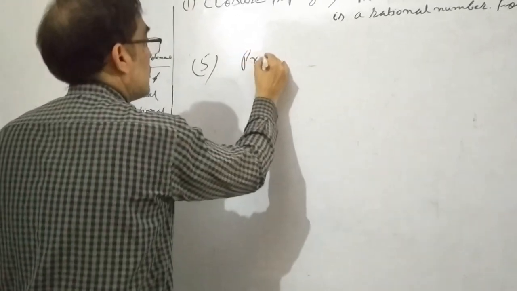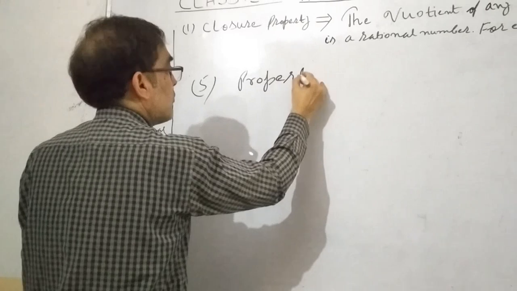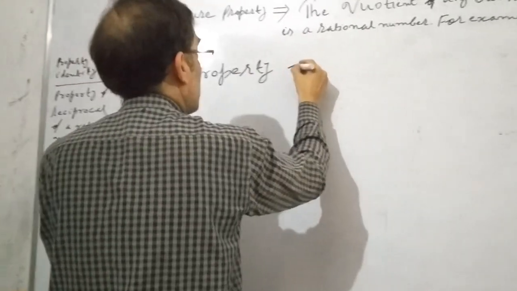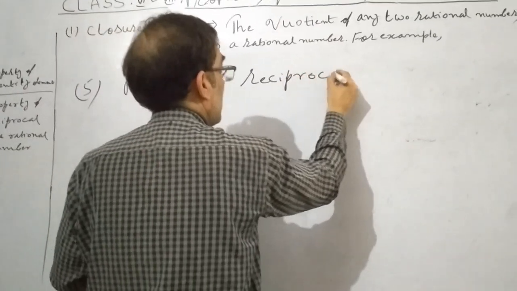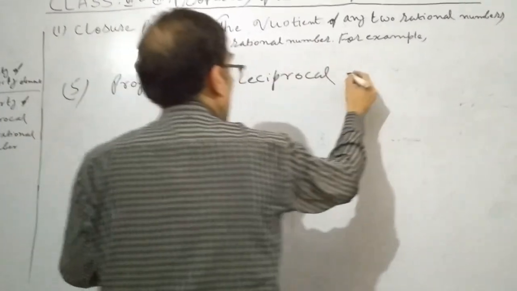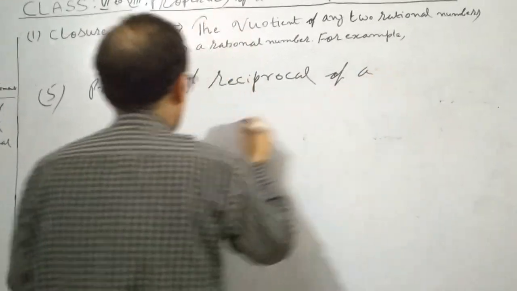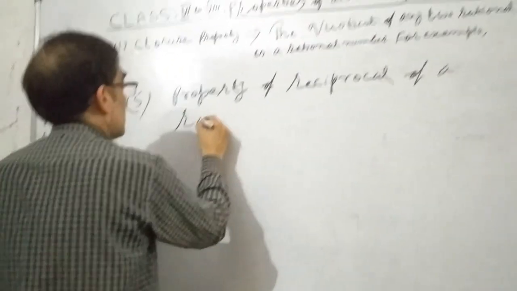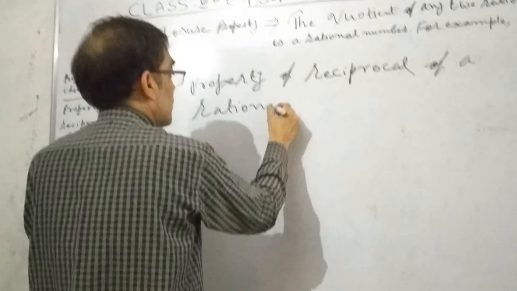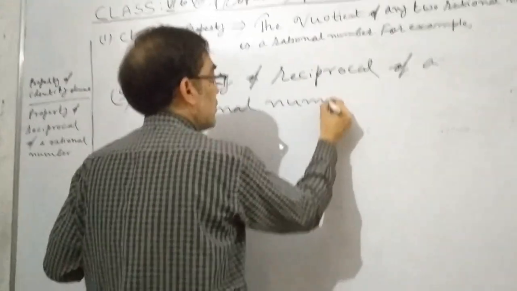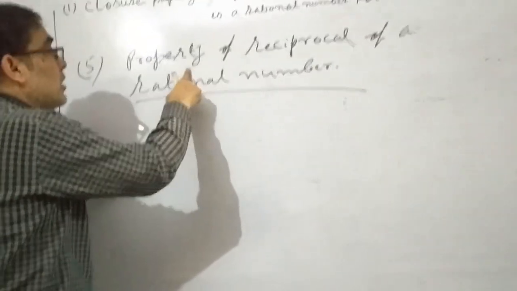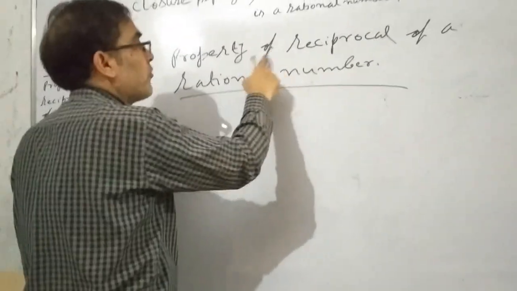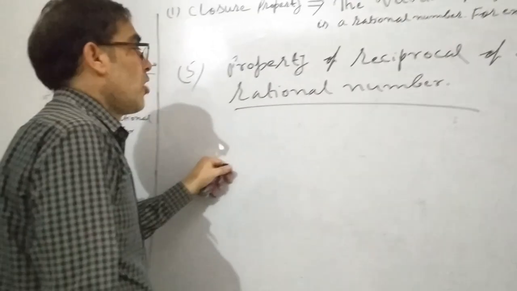And fifth, property of reciprocal of a rational number.